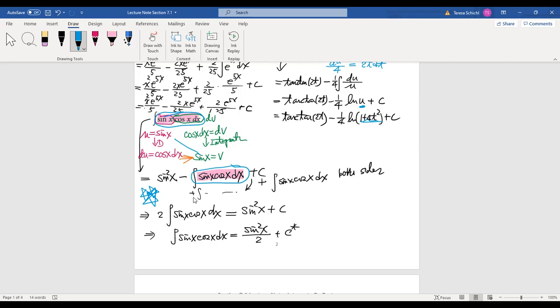So you can just add it, and you get 2 times the integral of sine x cosine x equal to sine squared x. Now you can still solve it by dividing by 2. This is a very important technique, and also when we talk about integration techniques using the trig functions in lecture number 2, this one will become super easy to solve.